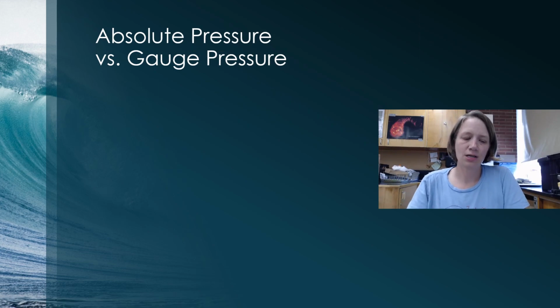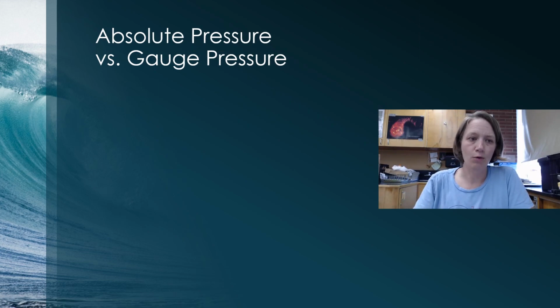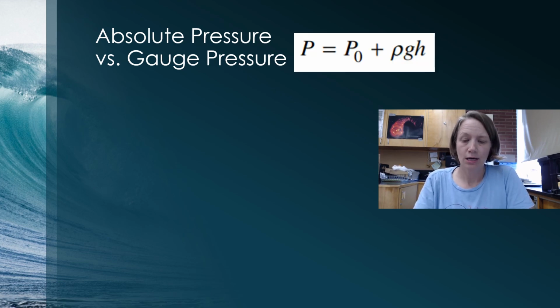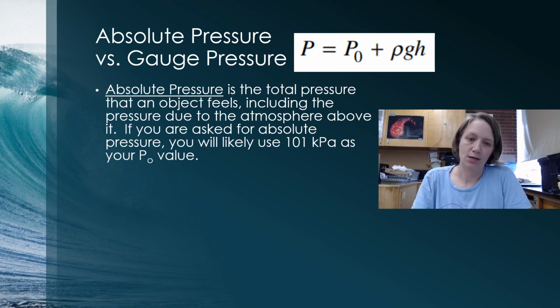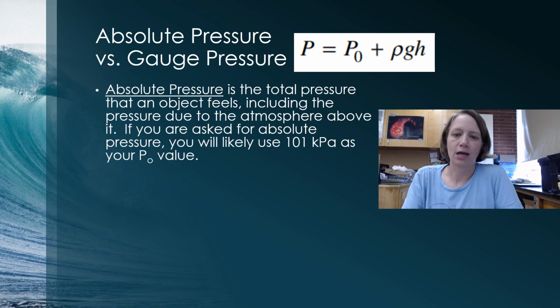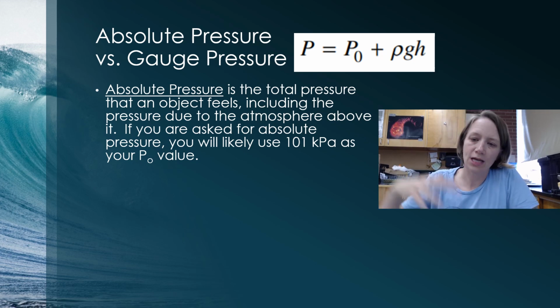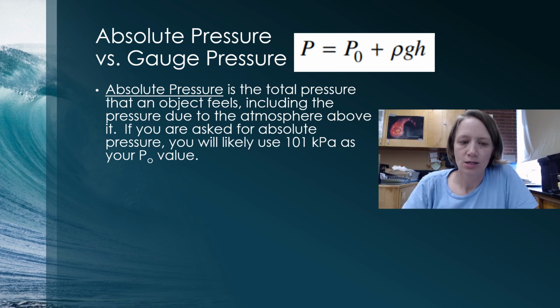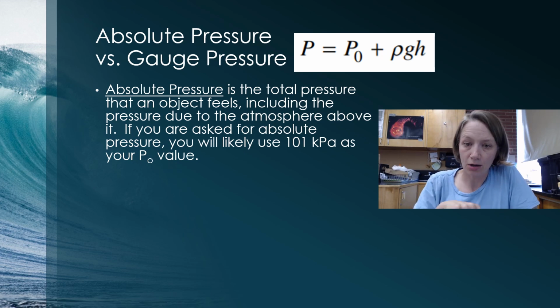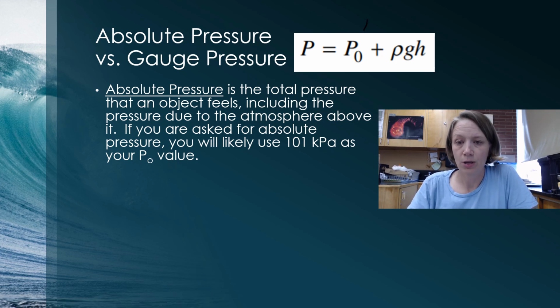The last thing you need to know about hydrostatic pressure is a couple definitions. You may see the terms absolute pressure and gauge pressure. In this equation, the absolute pressure is like the total pressure that an object is feeling. That includes the atmospheric pressure around us. So if you're asked for absolute pressure, probably you're going to be calculating P, and you're going to be substituting in 101 kilopascals as your P naught value.